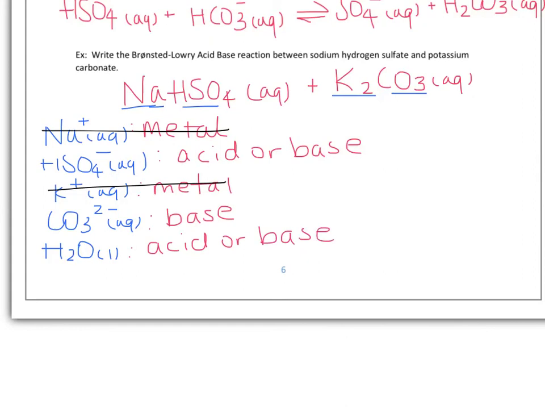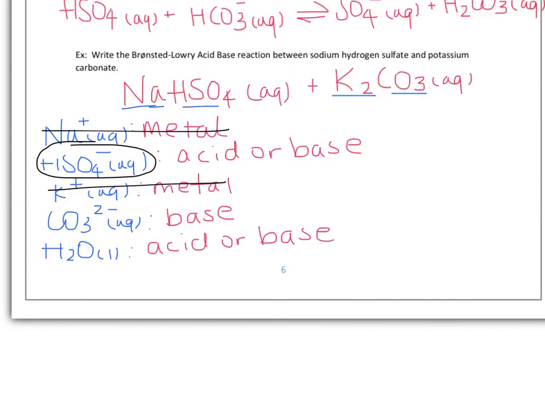Now you need to go to your acids and bases strengths table to determine which one is a stronger acid, HSO4 negative or water. When you look, you should notice that HSO4 negative is the stronger of the two. Likewise, you now need to determine if CO3 2 negative or H2O, water, would be the base.